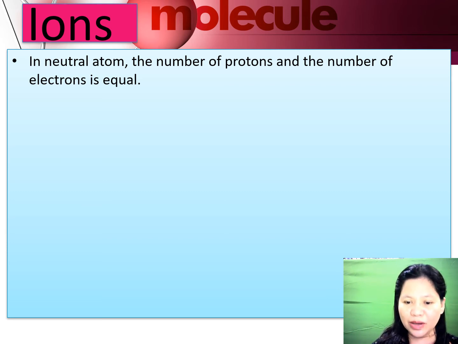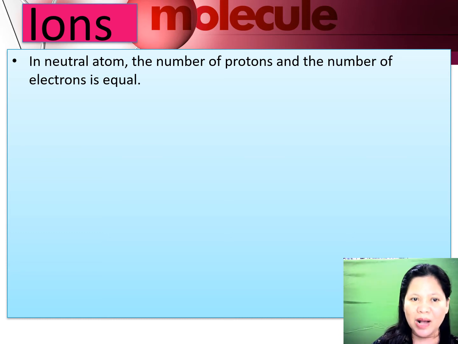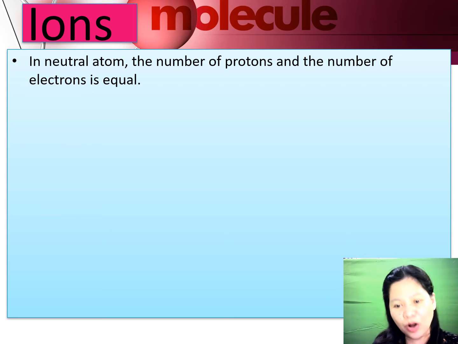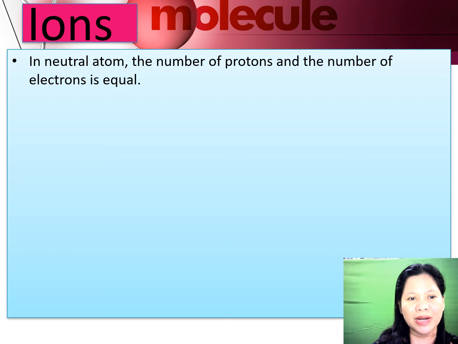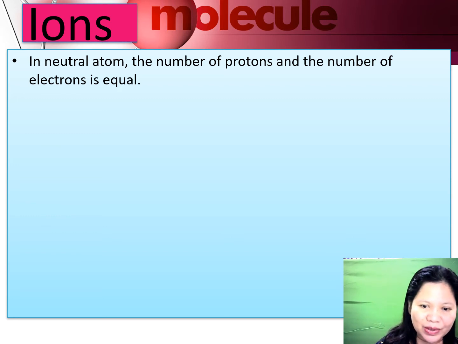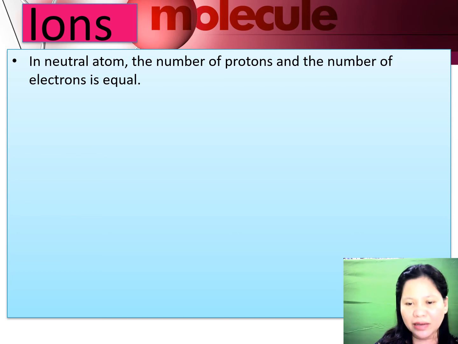When it is negative, there is a reduction. But here in ions, it's a very different thing. When it is positive, that means there is a deduction, or there is losing. But if it is negative, there is an addition, or gaining. So remember that.